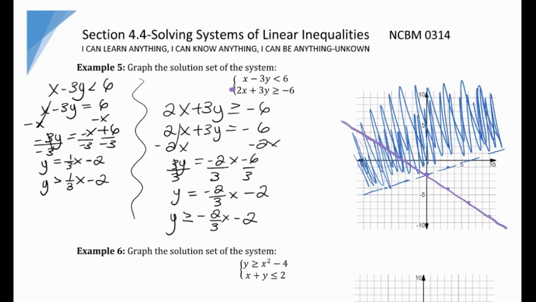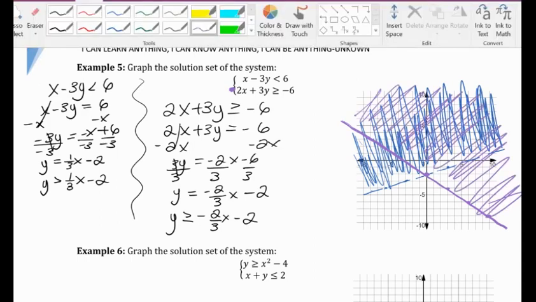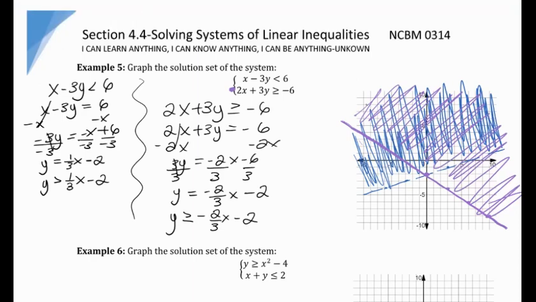Now for this line, we need to shade above because it's greater than. So we're shading above. So where my shadings overlap, that's going to be my solution set. They're overlapping over here on the green shading. That's going to be my solution set.